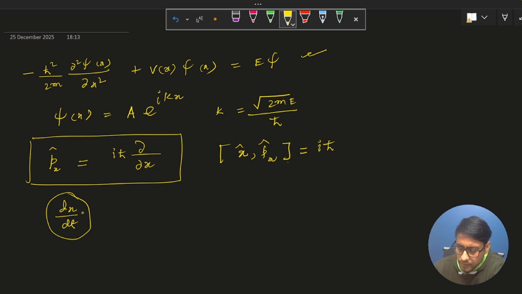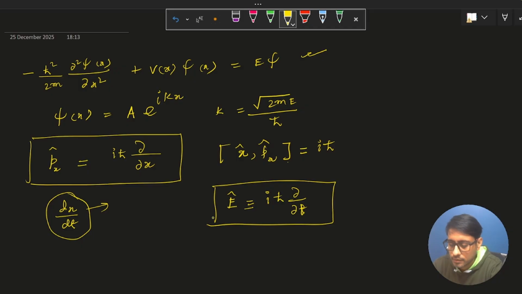We can calculate the expectation value or the average value, but for a particle we do not find these things. One thing we also missed is that the energy operator is represented as i h bar del over del t. That's all of the things we discussed in the first lecture.